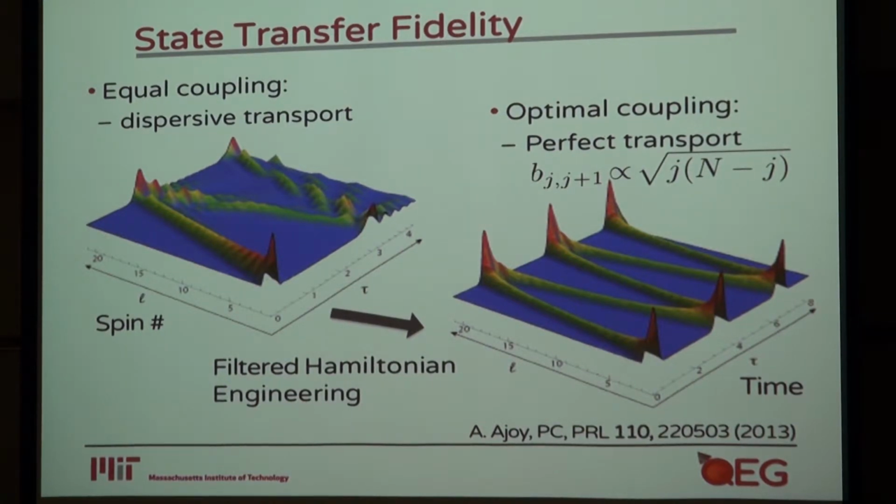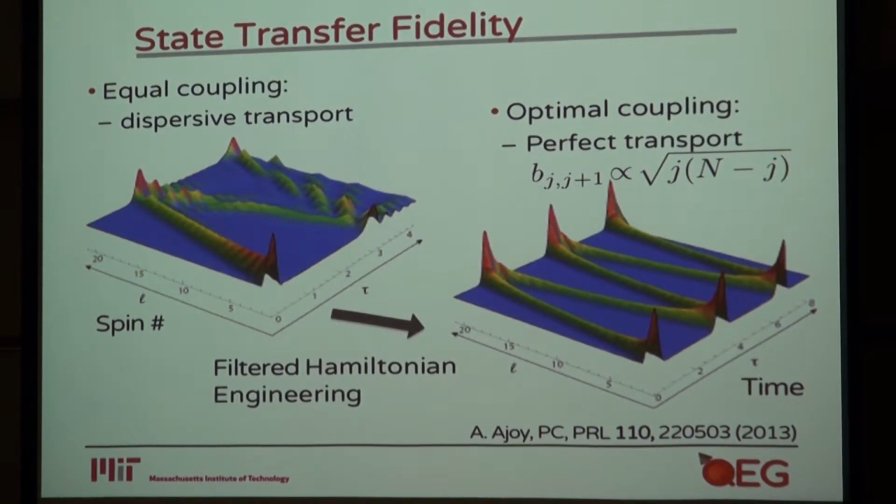So what I need to do, instead of using this equal coupling where all the nearest neighbor spins are coupled equally, is engineer some particular type of coupling. Unfortunately, the dependence of the coupling on the spin position is sort of weird. It's the square root of j(N minus j). For a physical solid-state system, it would mean I would have to put my spins in precise positions so that their distance gives me this type of coupling.